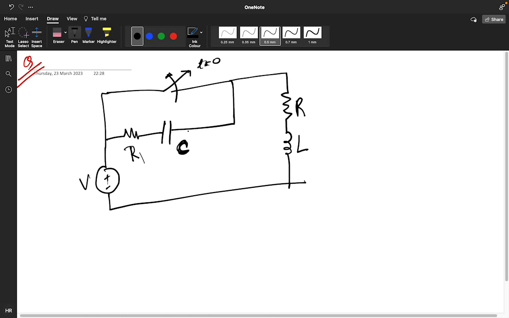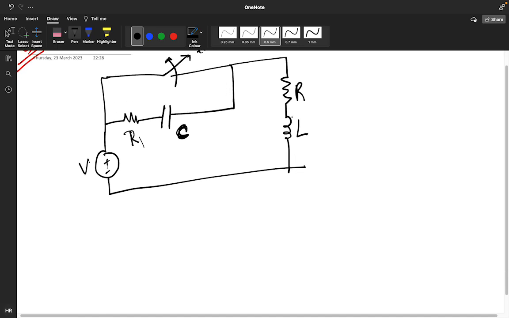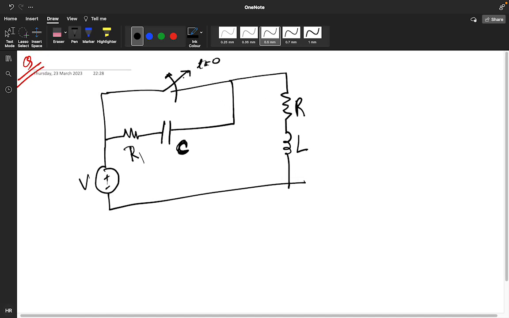Now see, you have a capacitor also and an inductor also. So guys, how will you solve this circuit? And at t is equal to 0, your switch is getting closed.